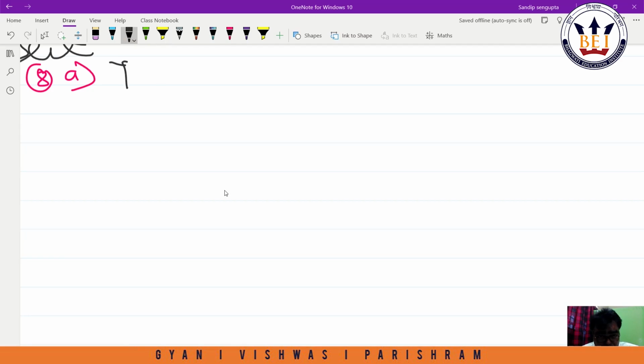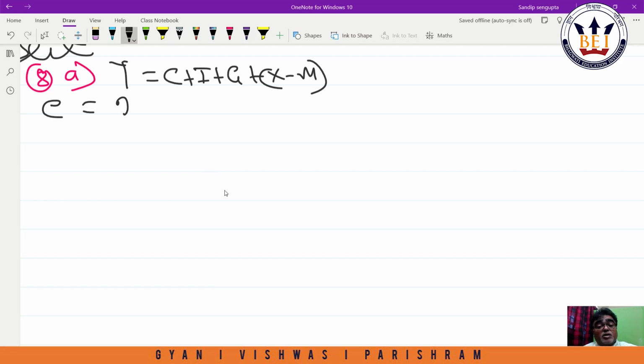First our equilibrium concept is C plus I plus G plus X minus M. First I should find out the value of C. C is equal to 200 plus 0.60 YD.